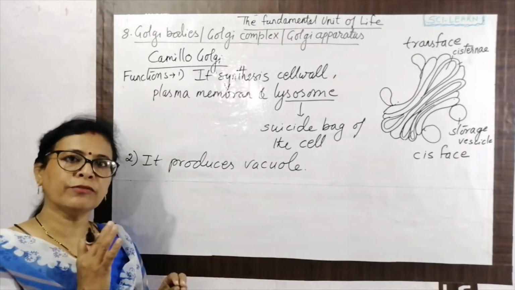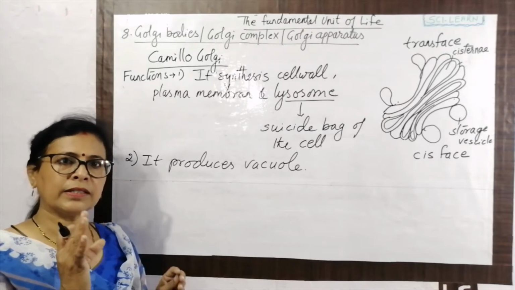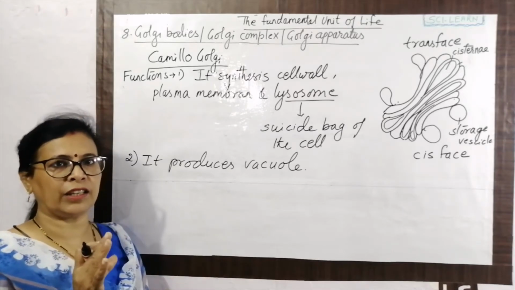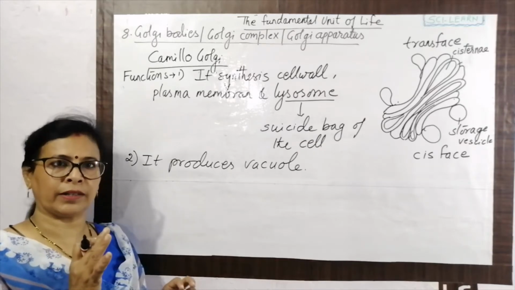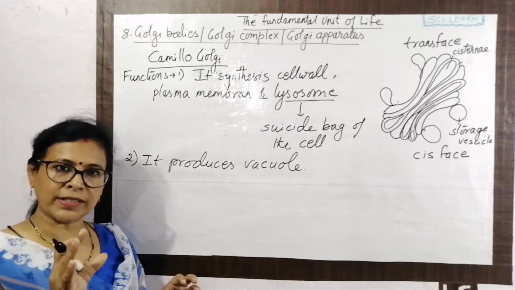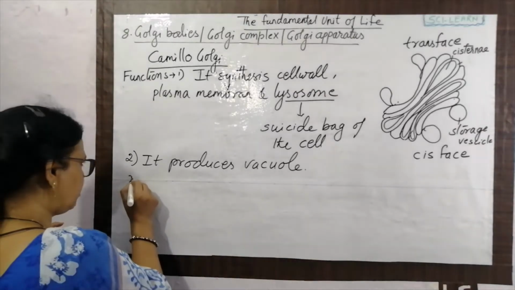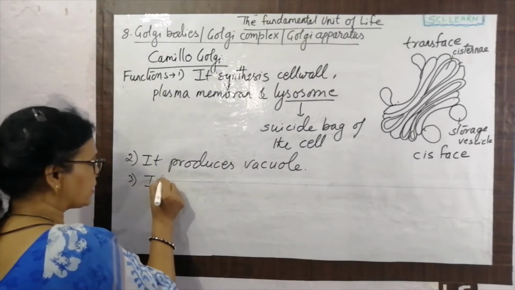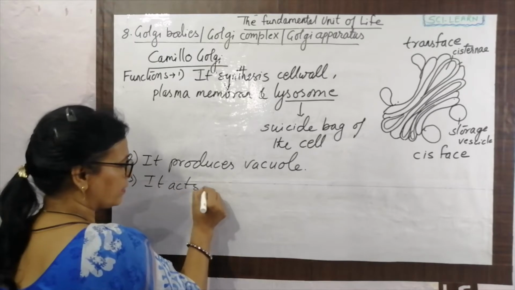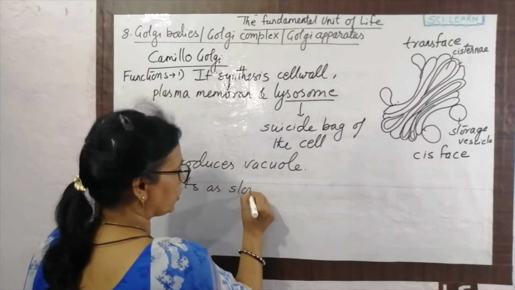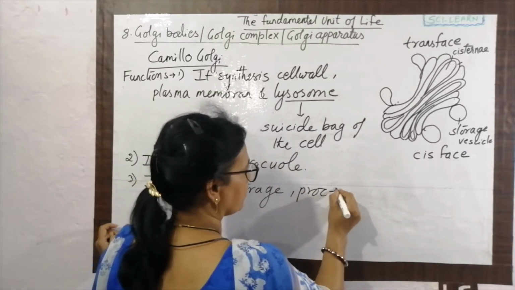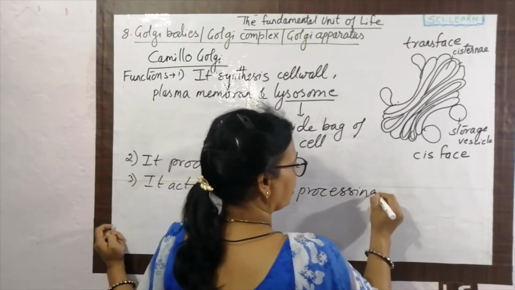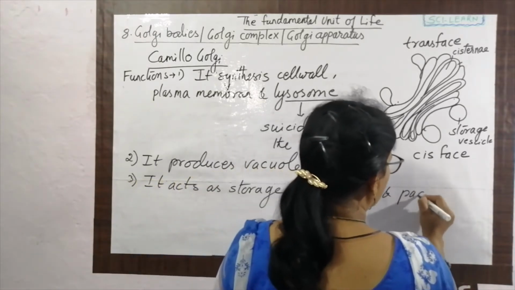The most important function of the Golgi complex is that it acts as an area of storage, processing and packaging of products. Storage, processing and packaging. Okay, these are the three important things.